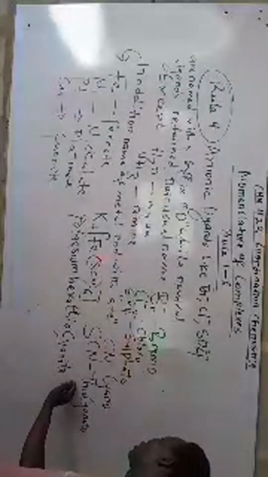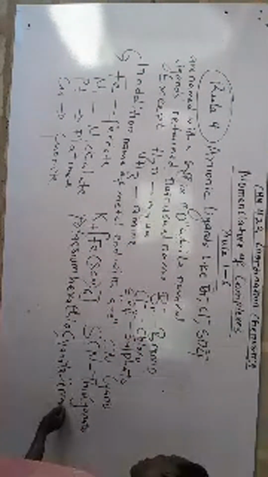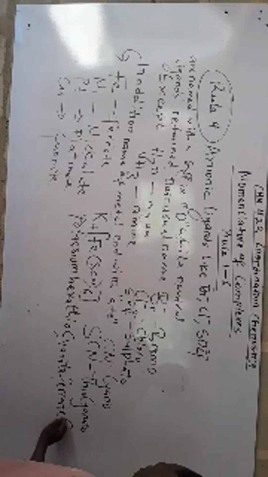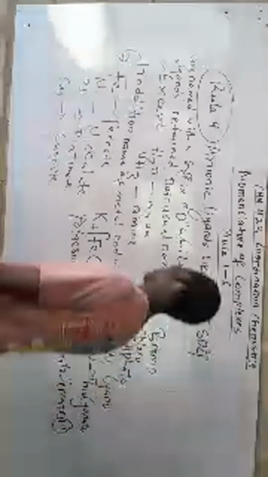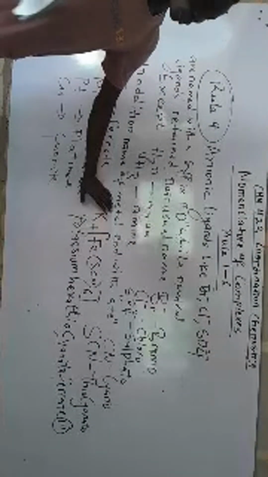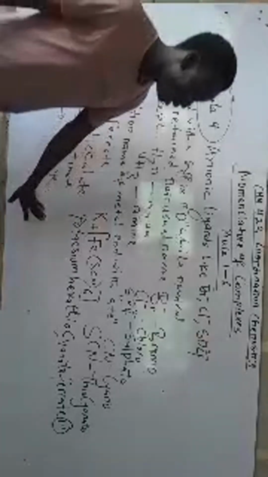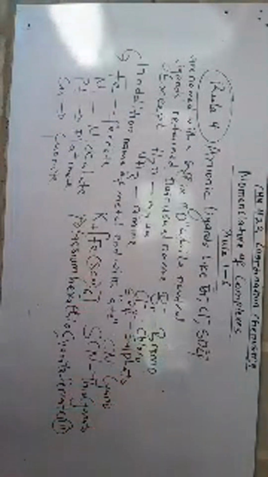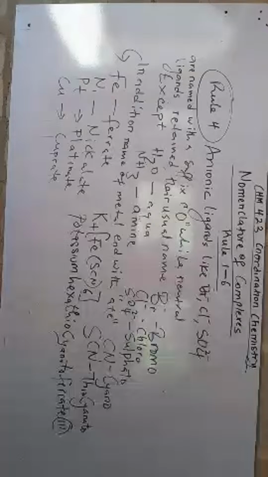The ion, which is ferrate. Ferrate 3. That is the name of the compound here. Potassium followed by hexathiocyanato ferrate 3. That is exactly what you have there.